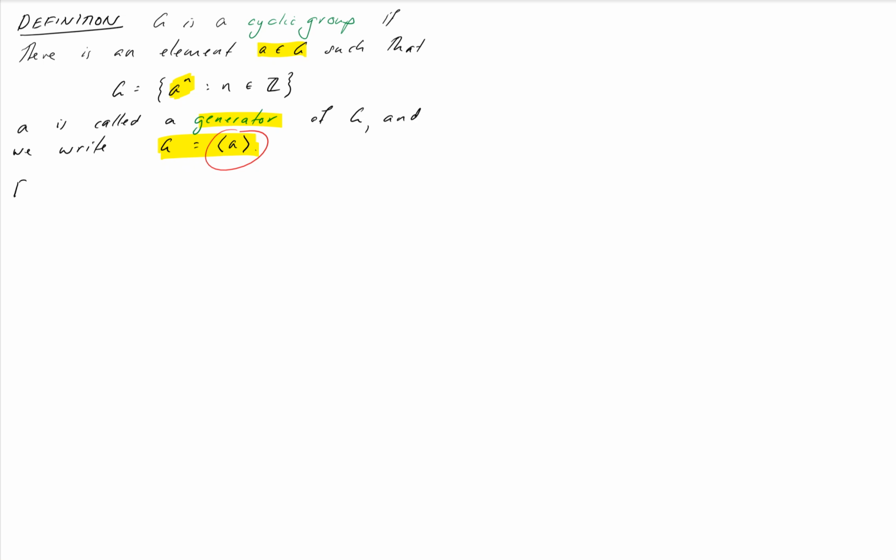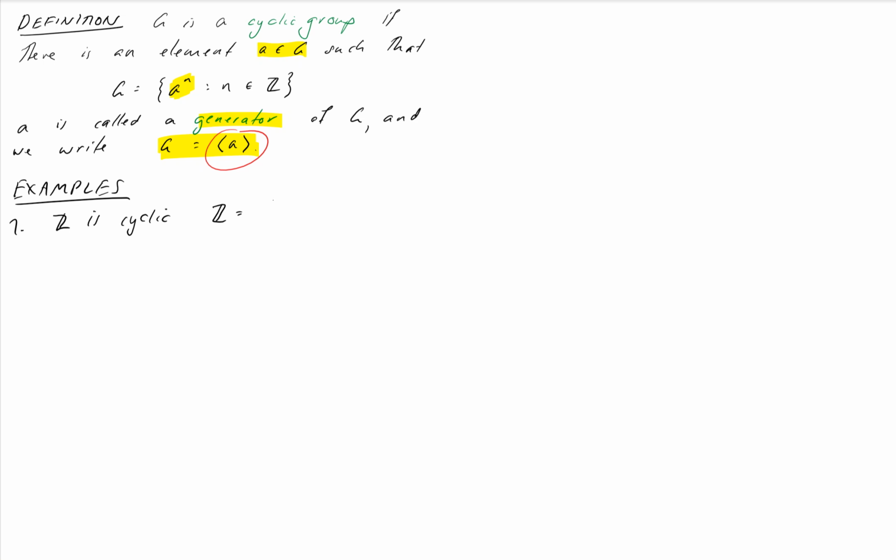Okay, so let's look at a couple of examples just to put this into a wee bit of context to start with. So let's look at one from the integers first. If we look at the integers under addition, these are cyclic because, if we're asking whether or not a group is cyclic, we're saying, is it possible for us to find a generator for that group? So for the integers, the generator is 1, or one of them is.